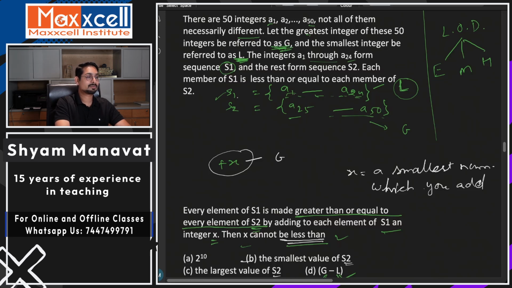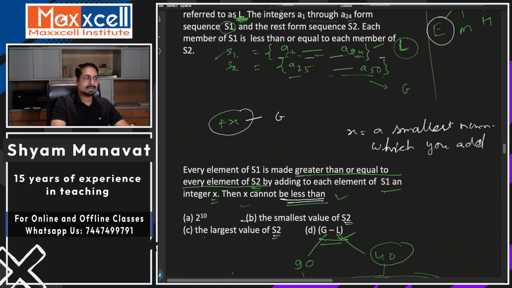So what do you think about the level of difficulty here? When you look at the question at first glance, it looks like it might be a hard question because it is lengthy to read. But when you understand the core of this question, you may find it to be an easy question. It's very easy, no calculation required. You just need to apply a general logic that if you add a value x, which is the difference between the greatest and the smallest, it will make the smallest number of S1 equal to the greatest number of S2.